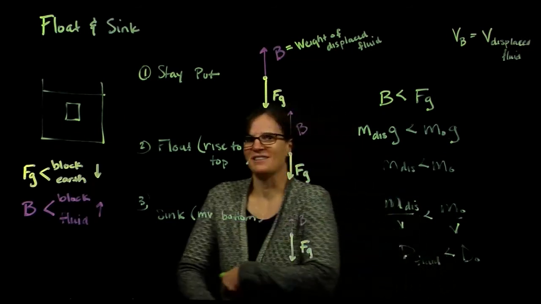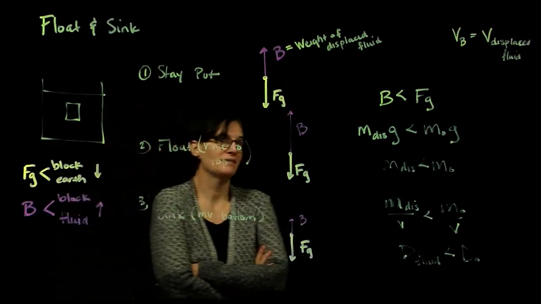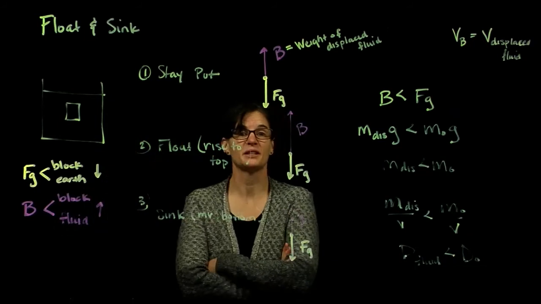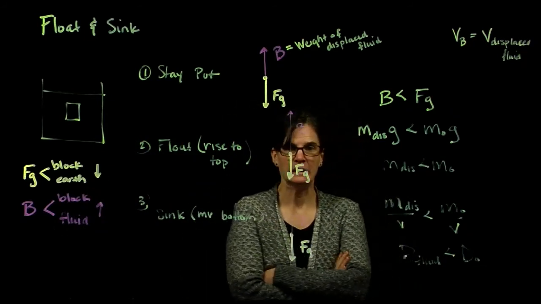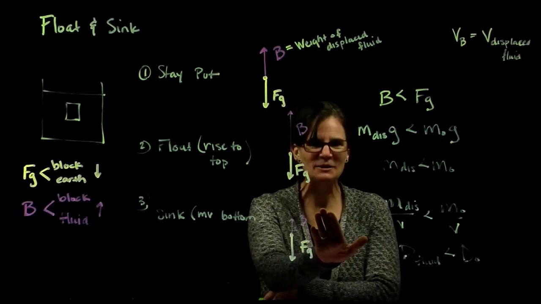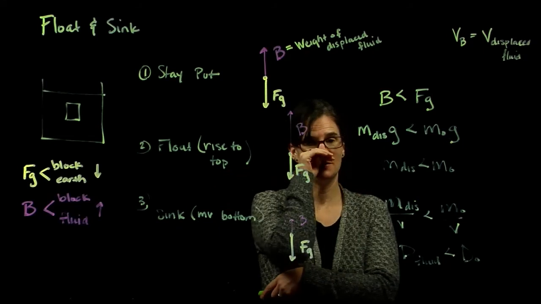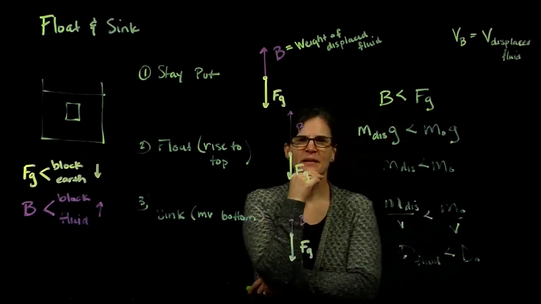So let's imagine then how we might make a change to an object. Well, we could throw something over the boat, right? We could lose some mass, therefore decreasing the force of gravity, hopefully to the point where that force of gravity is either equal to the buoyant force if I'm not fully submerged, or becomes less than the buoyant force and the object rises to the top.